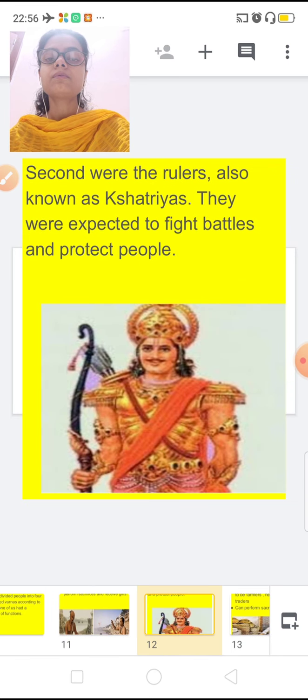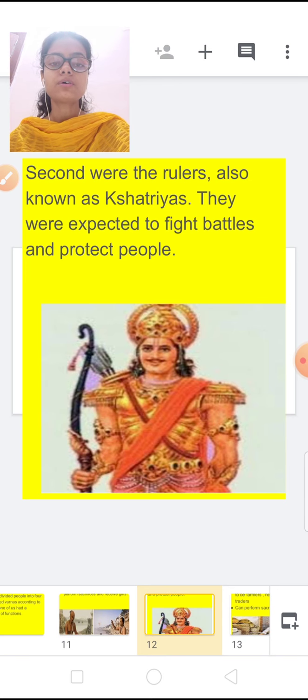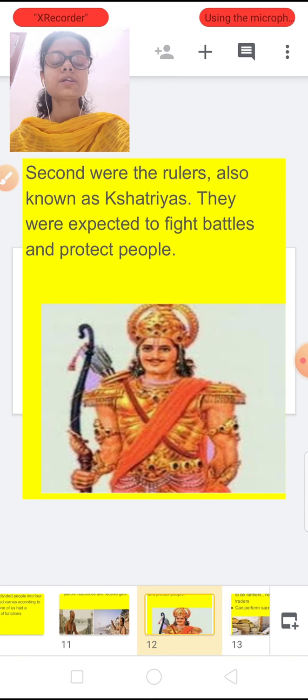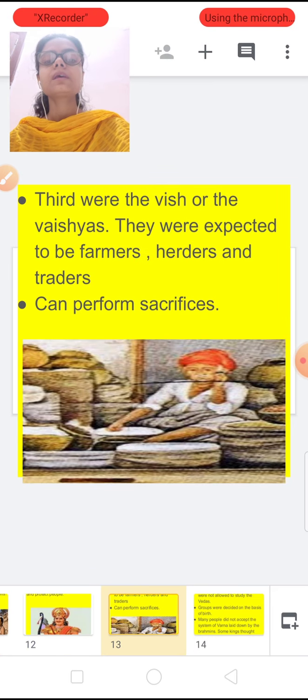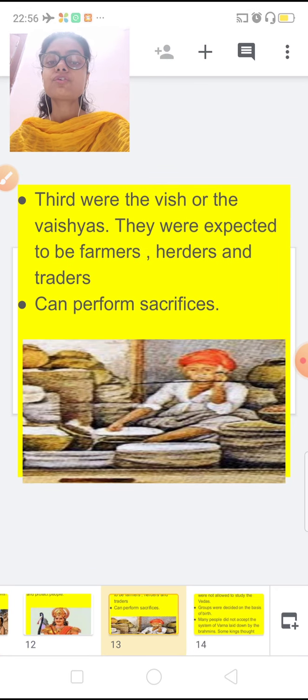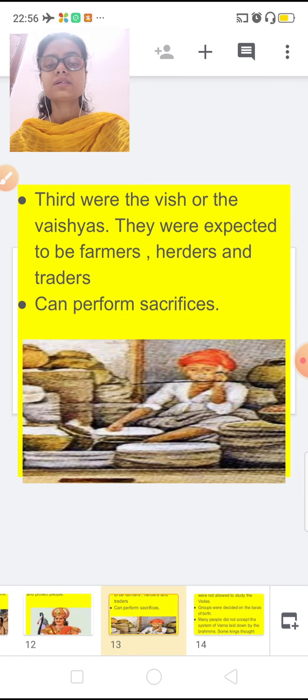Second were the rulers, known as the Kshatriyas; Rajas were the Kshatriyas at that time. They were expected to fight battles and protect people. Third were the Vish or Vaishya, basically the business persons. They were expected to be farmers, herders and traders.